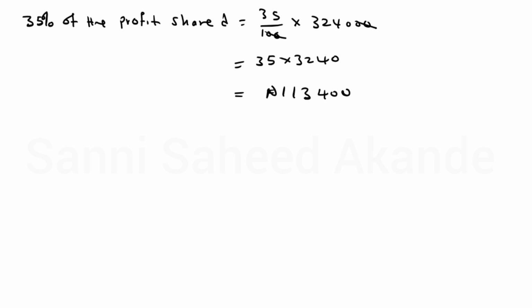113,400 naira. Now each of them, because they are to divide this 35% profit equally, will get this amount divided by 2. When you divide 113,400 naira by 2, you get 56,700 naira.